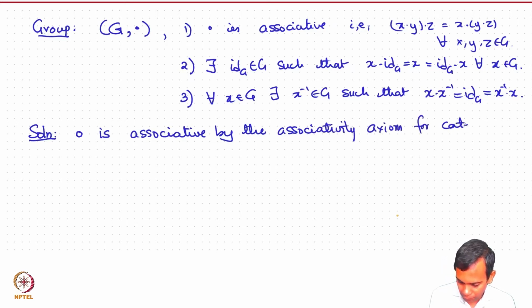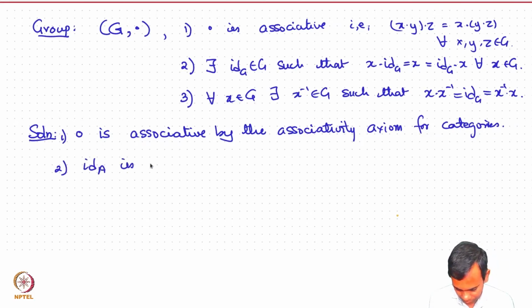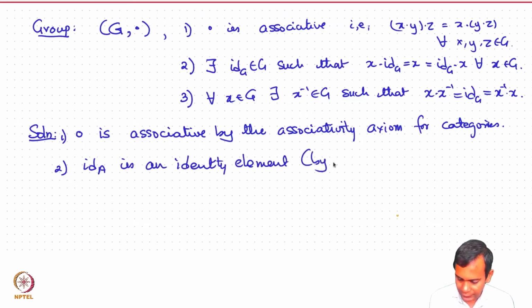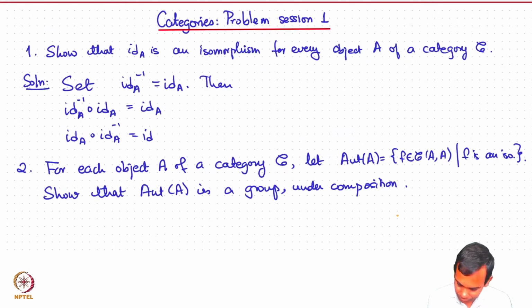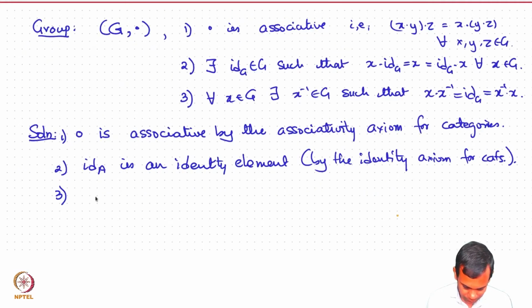And then there exists an identity which is identity sub A, by the identity axiom for categories. And thirdly, the existence of an inverse. Well, that comes from the fact that we have defined it to be a set of isomorphisms.